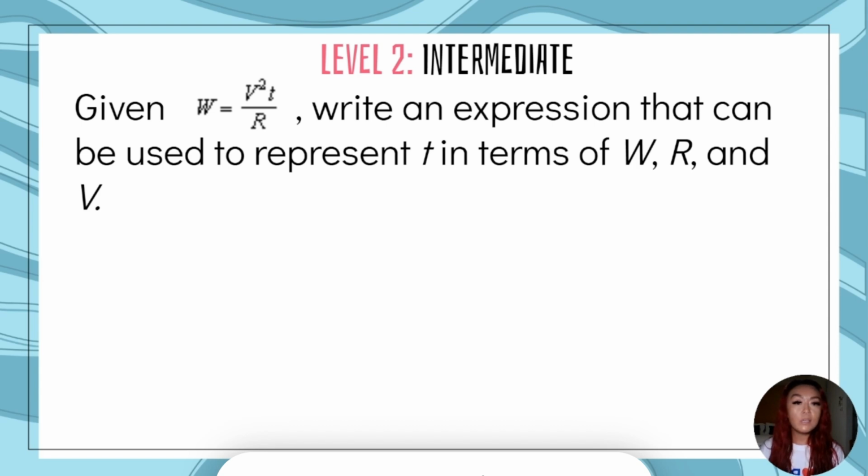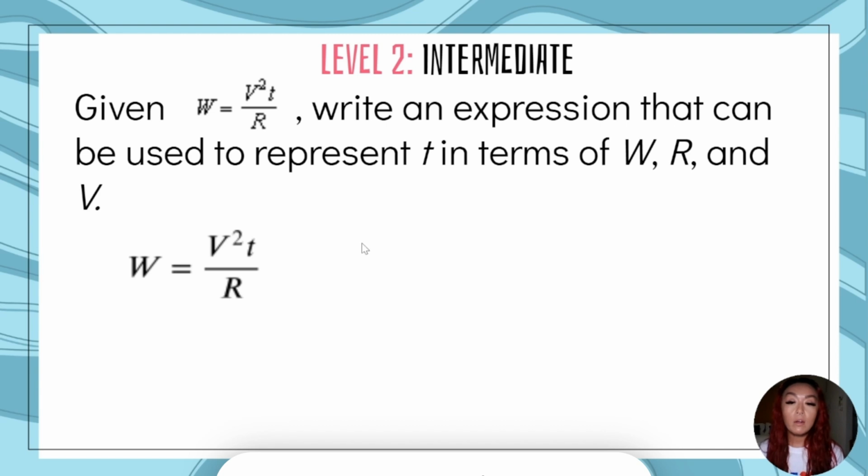Whenever the question is written like this, and they ask you to represent T in terms of W, R, and V, from my experience, my students are like, what does that even mean? Well, all that means is they want you to isolate T and have T on one side of the equal sign, and the other side of the equal sign should have the variables W, R, and V. That's all that it means.